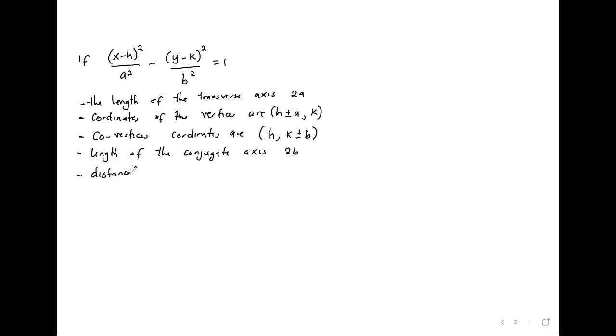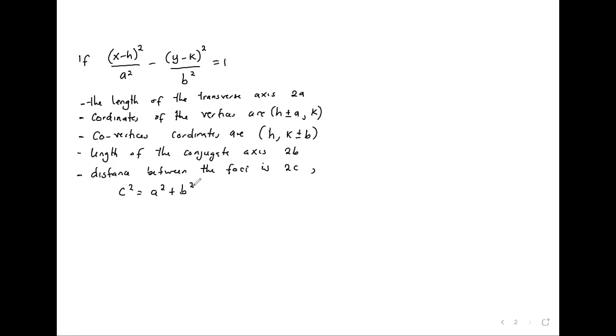And then you have the distance between the foci, which is 2c, where in this case c squared is equal to a squared plus b squared.